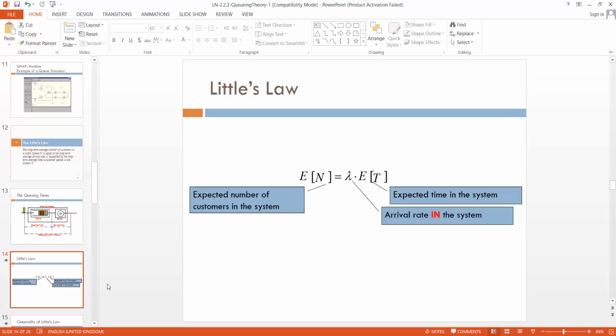On average, we expect there will be 30 people. Why? Because per minute, the expected arrival is 1, so we also expect on average 30 people in the system. That is what Little's law is talking about.